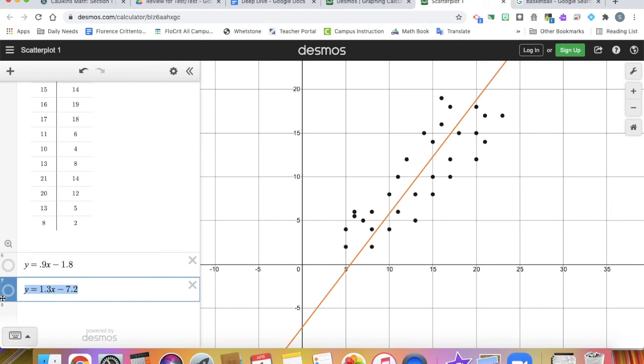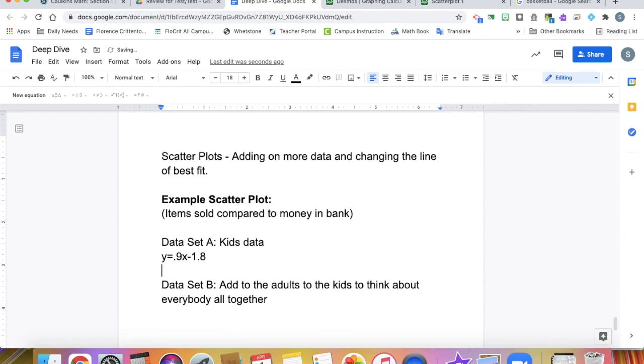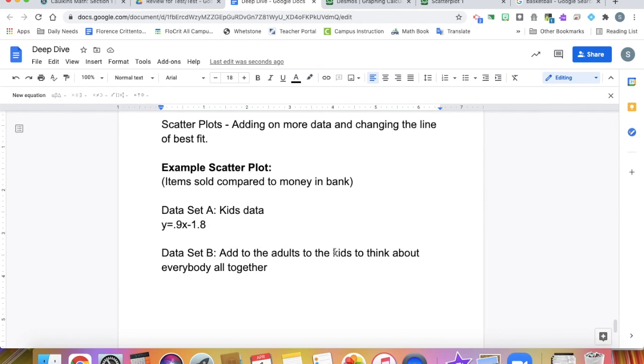And then they're going to ask you, how has the line of best fit changed? Data set A, the kids' data, that was the equation. And then for data set B, where we added the adults to the kids to think about everybody all together, that was the equation. And how they've changed is your y-intercept. The kids only borrowed $1.8 in the beginning, on average. However, it felt like the adults were borrowing a lot more.